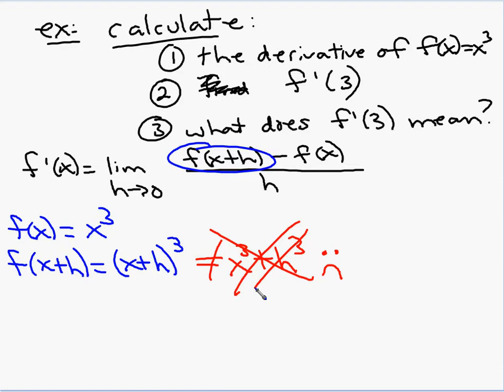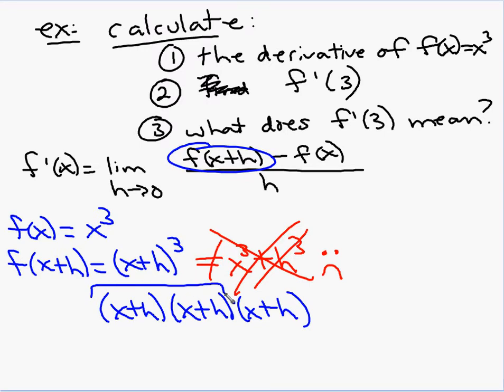We need to do x plus h times x plus h times x plus h. The good news is, didn't we kind of work through this on the last one? X plus h times x plus h is x squared plus 2xh plus h squared.